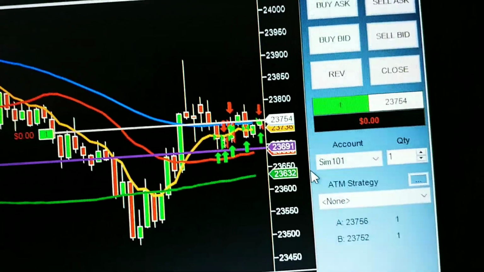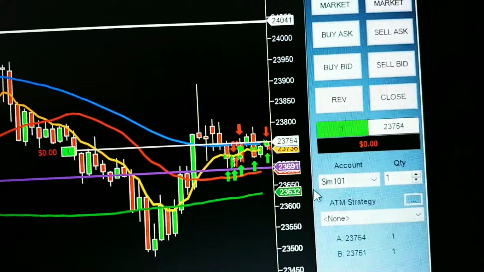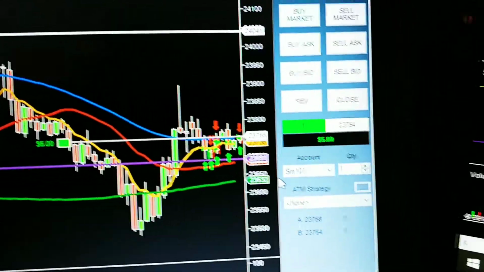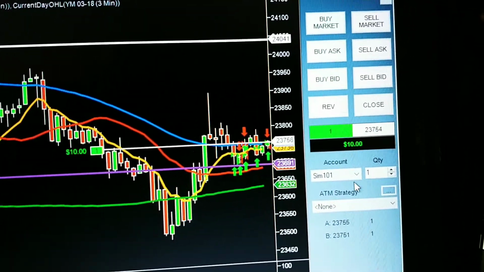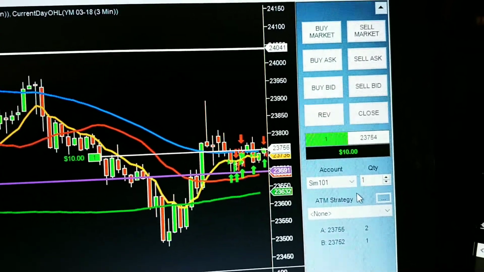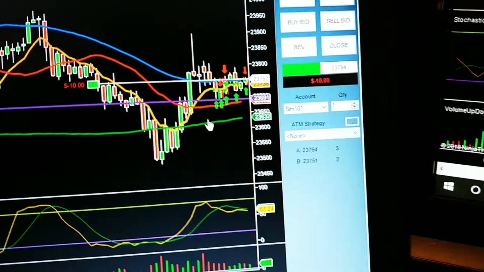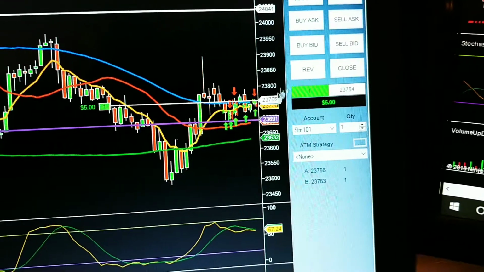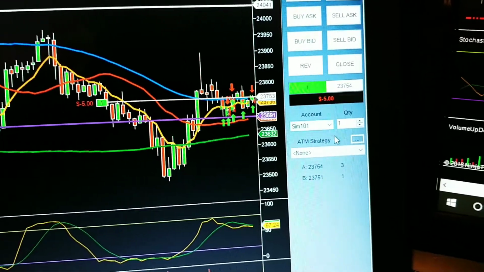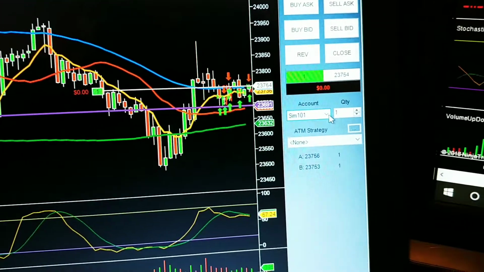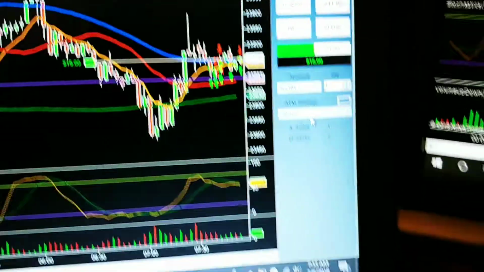Now, the only difference between a sim trade and a real trade is just changing it. You just click from sim here to your live account. So it's the same trades that you make with your live account. Like I said, it's just a difference between a click of an arrow, a drop down here, and you click on your live account.